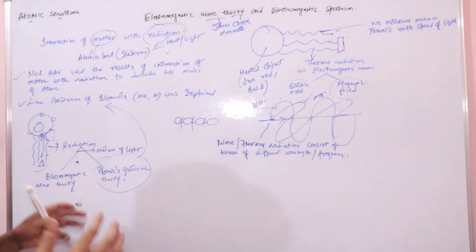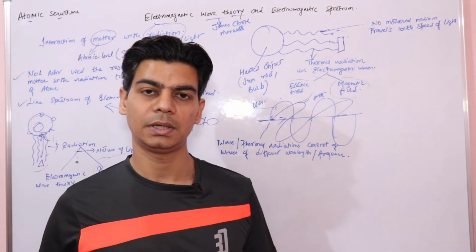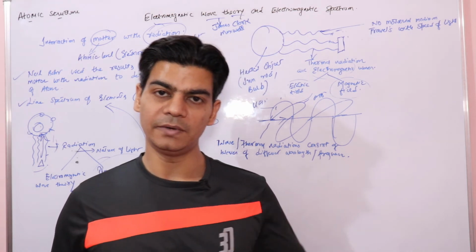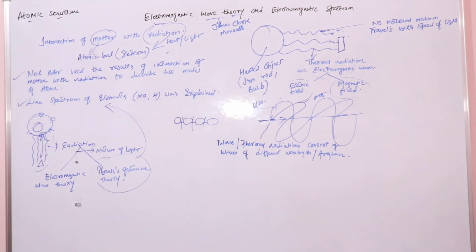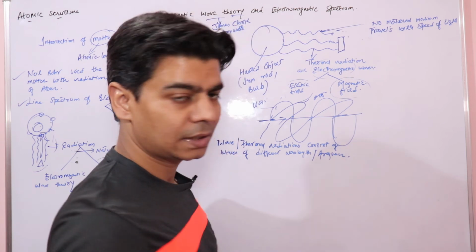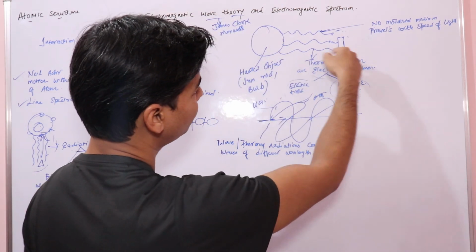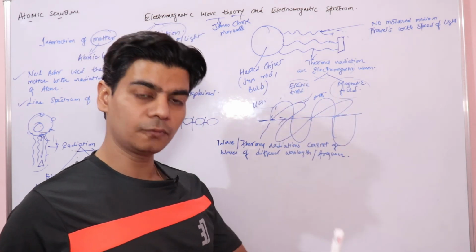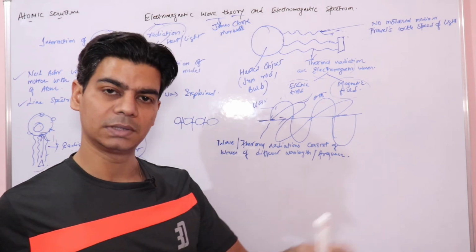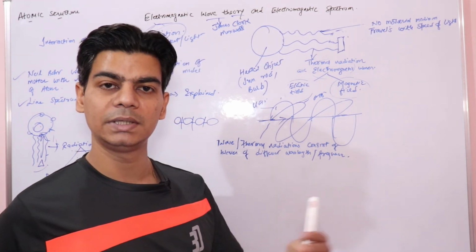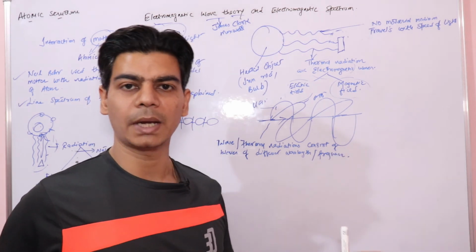If you arrange these waves in an order of increasing wavelength or decreasing frequency, what you get is your electromagnetic spectrum. You'll understand more about the electromagnetic spectrum in physics. Just understand one thing here: the waves coming out of this heated object consist of waves of different wavelengths or frequencies, and when you arrange them in an order of increasing wavelength or decreasing frequency, what you get is an electromagnetic spectrum.